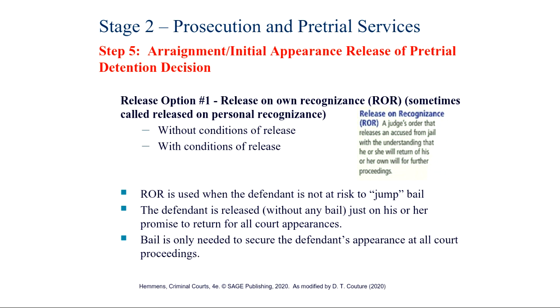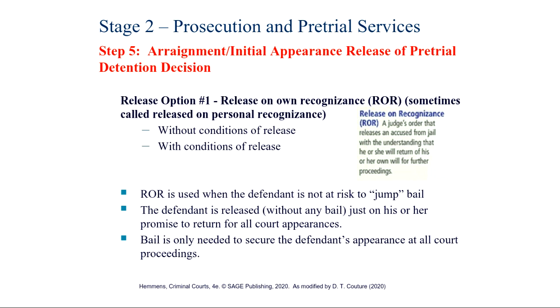Release on personal recognizance is appropriate if the defendant has no history of failure to appear in court, or very limited history of failures to appear in court. Those are called defaults.